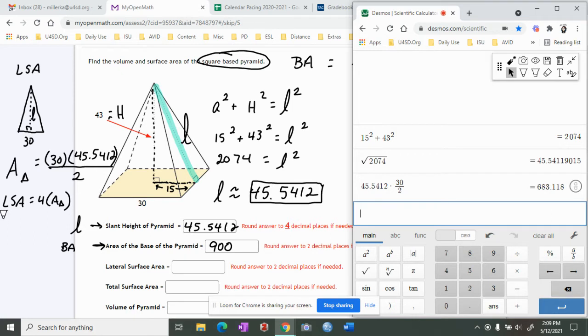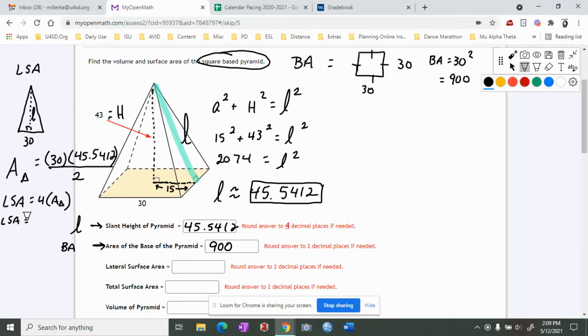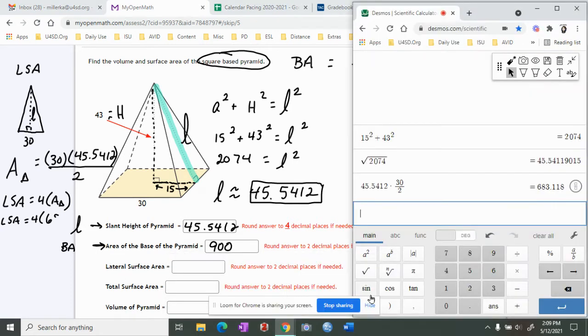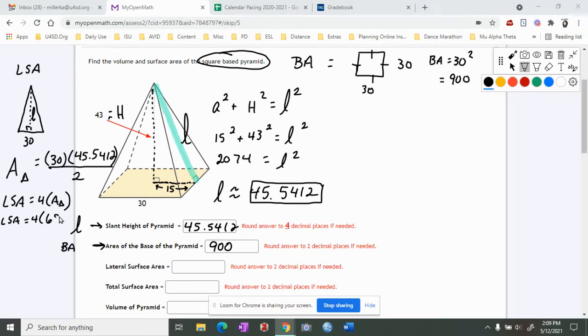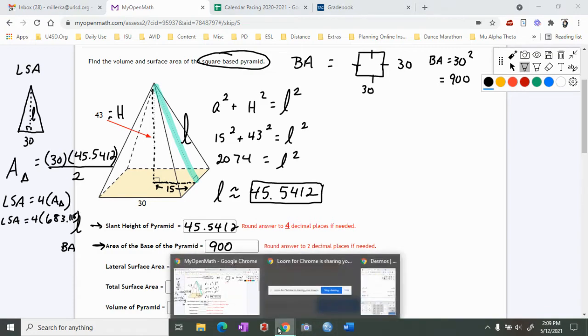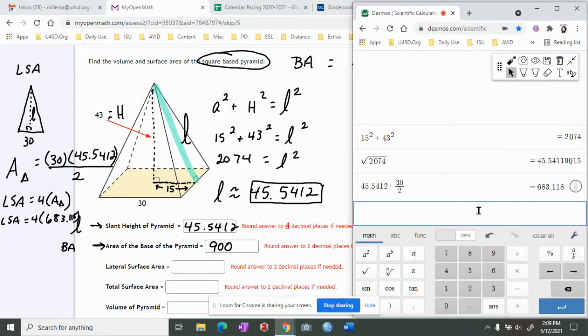Okay, so I am going to find 683.118. Multiply that by 4. There we go.